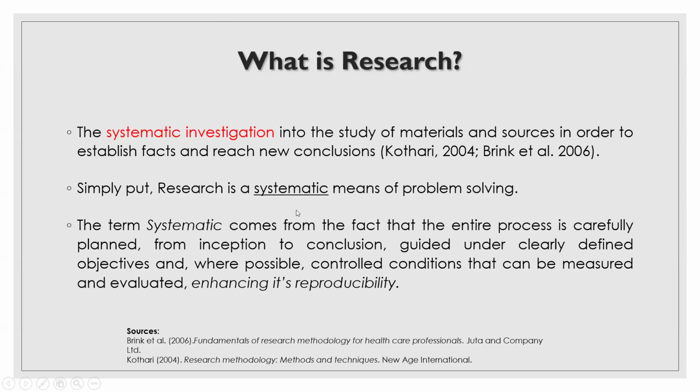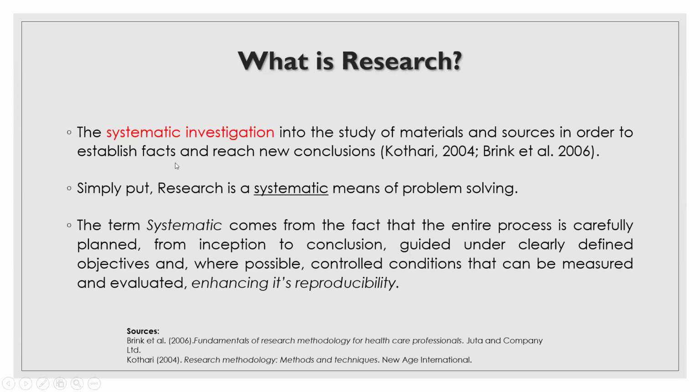You have to go through a systematic planned process they call sample size determination. You have to calculate scientifically the number of persons that you're going to recruit for that research. If you don't do that, you may run into issues of what we call type 1 and type 2 errors that we'll talk about as we progress.